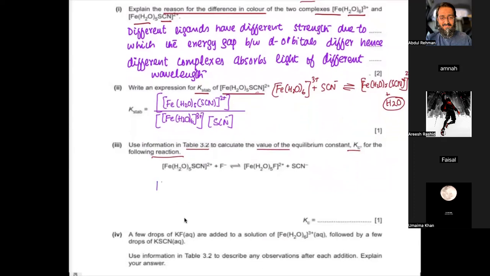So the Kc is equal to, if I write the Kc expression, it is going to be like this.